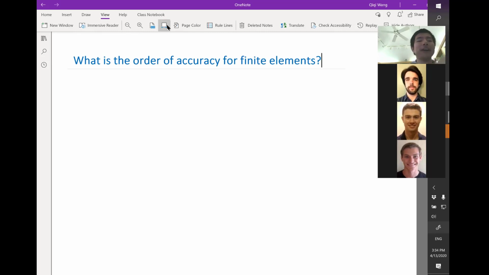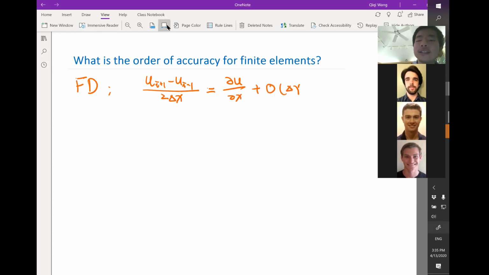So in finite difference, we have said that, for example, u of i plus 1 minus u of i minus 1, which is an approximation to our spatial derivative, is actually equal to partial u partial x plus O(delta x squared).